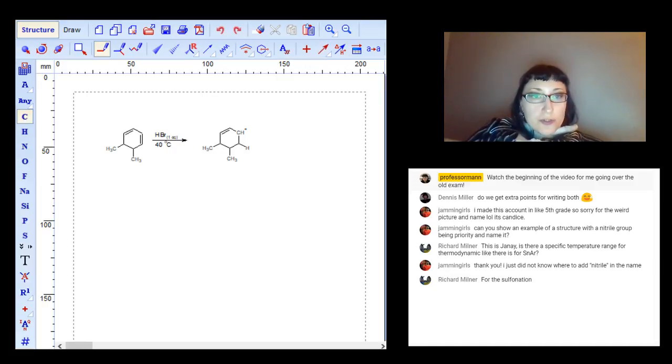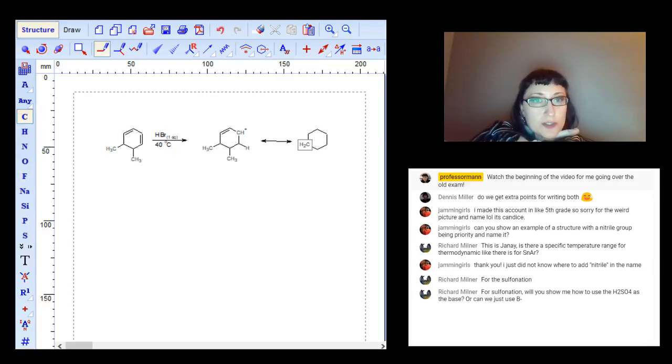Let me find my resonance arrows. And so you would get your shift in resonance structures. I'd still have my 2 carbon groups. I would now have a methyl here. My carbocation would be there. And then my halogen could come in and attack.